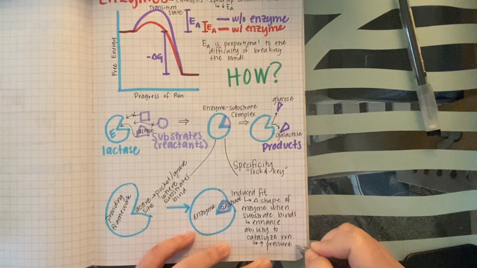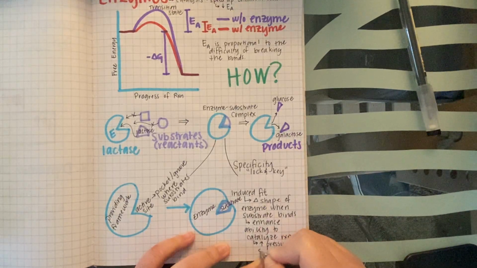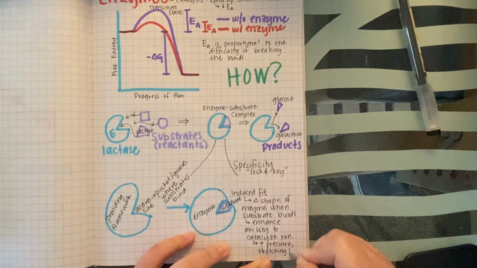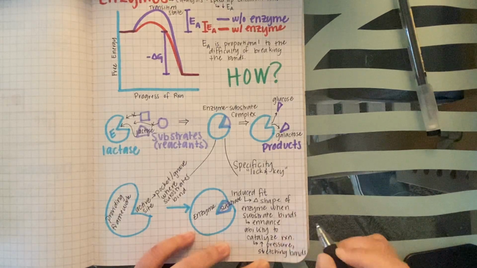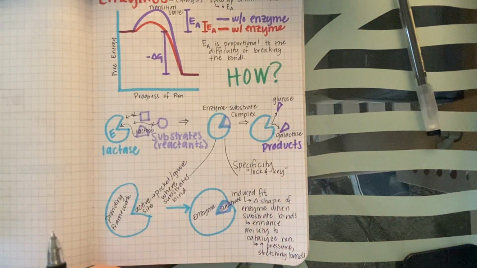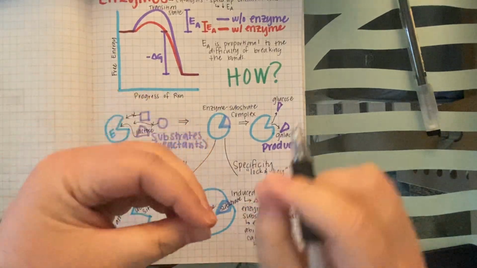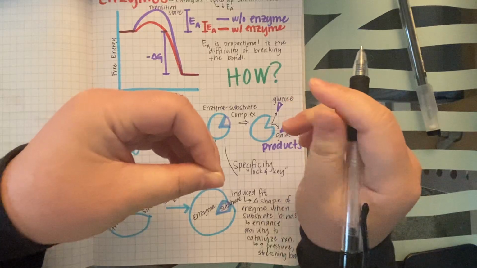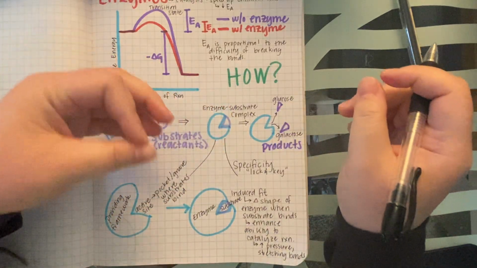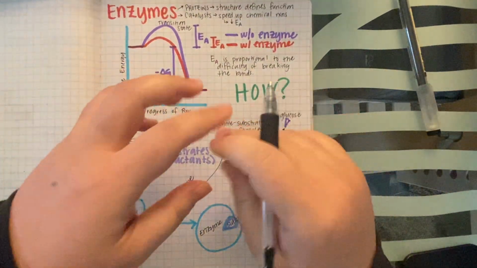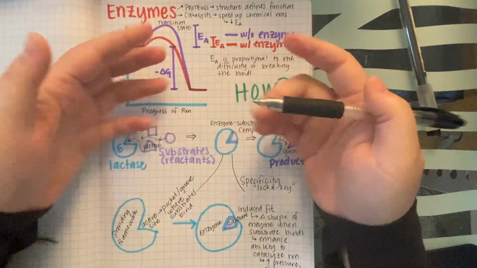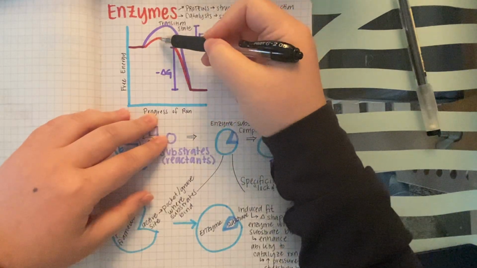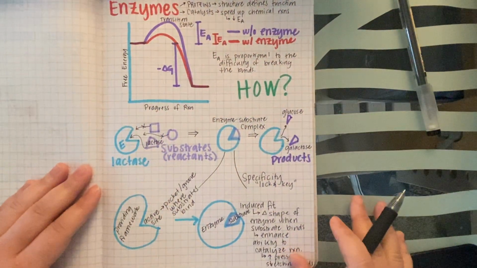So we're having increased pressure, but we're also stretching our bonds and pulling them, which causes their activation energy to go down, because now when you apply this stretching to the bonds, you only need a little bit more activation energy to actually break that bond. Versus when there's no enzyme, there's no real stretching, there's no strain, it's just the bond. So you need to add this much more energy to break that bond versus just a little bit more energy to break that bond.